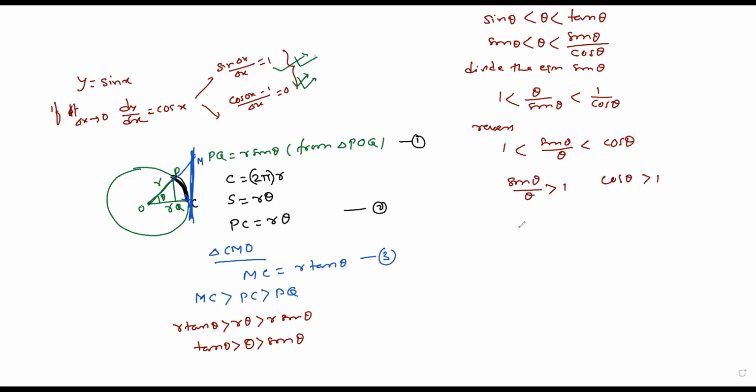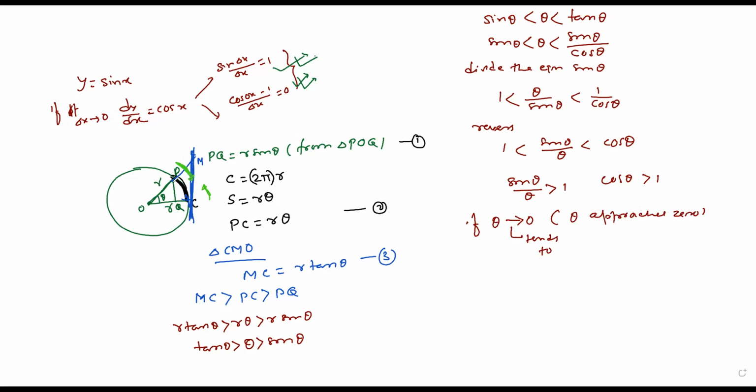Okay. So now, if theta tends to 0, or theta approaches 0, what does it mean? It means that point P is coming in this direction or C is going in this direction. If P and C both move towards each other, then theta will decrease.